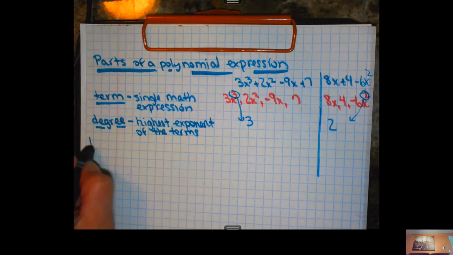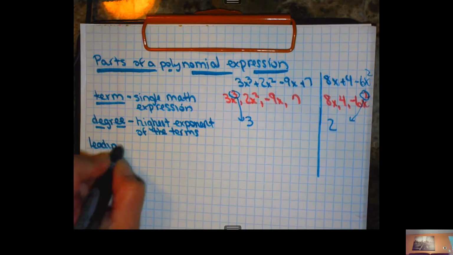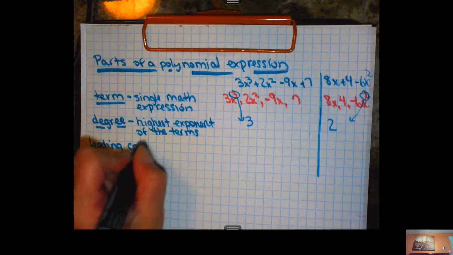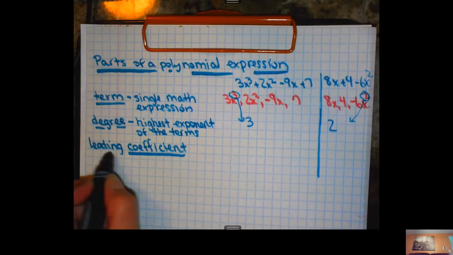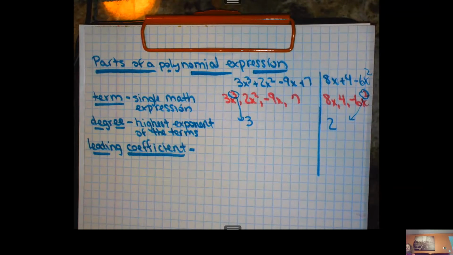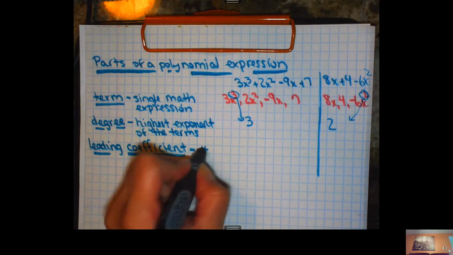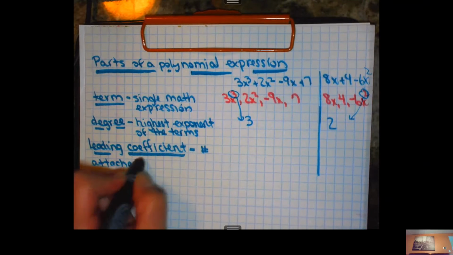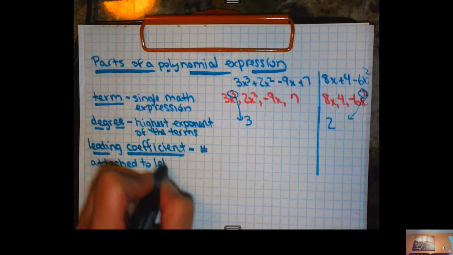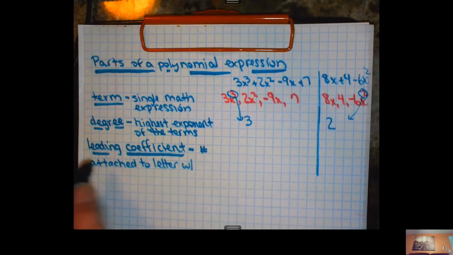Next, leading coefficient. And pause it if I'm writing too fast. So that definition is the number attached to the term with the highest exponent. So I'm going to write number attached to letter with highest exponent.